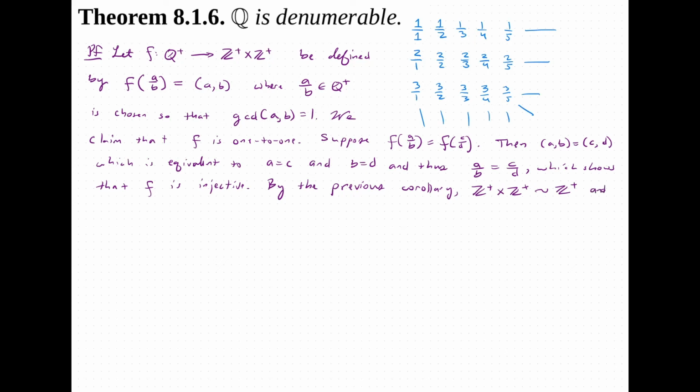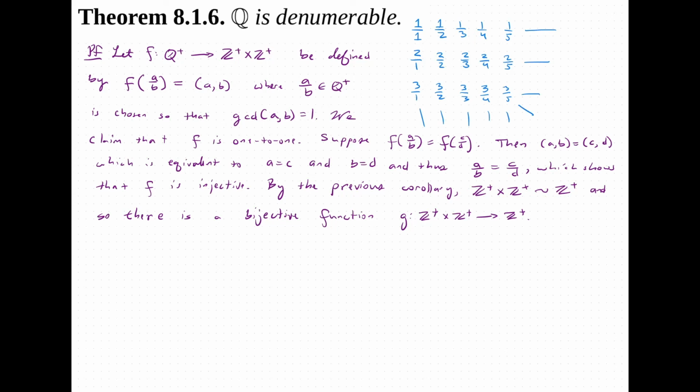And so there is a bijective function g going from the Cartesian product of the positive integers with itself to the positive integers. And that's the beauty of the properties of being equinumerous. Since we know that that's denumerable, we know that there is some bijection out there. But we don't need to know what that function actually looks like. We just know it's a bijection.